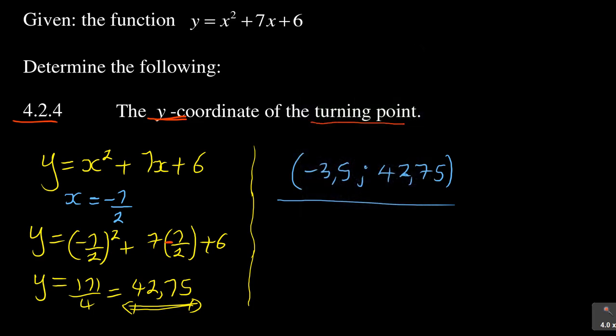in here. So it's minus 6,25, and in here minus 6, and it's minus 6,25, which was 25 over 4 in this case.